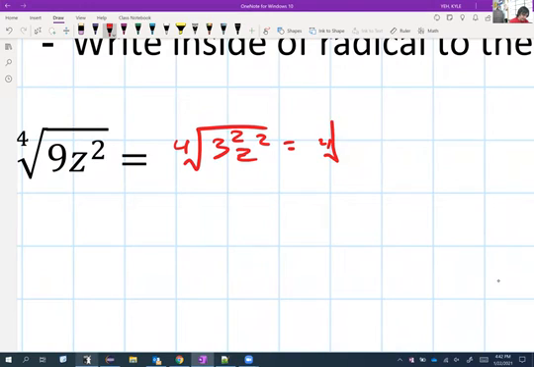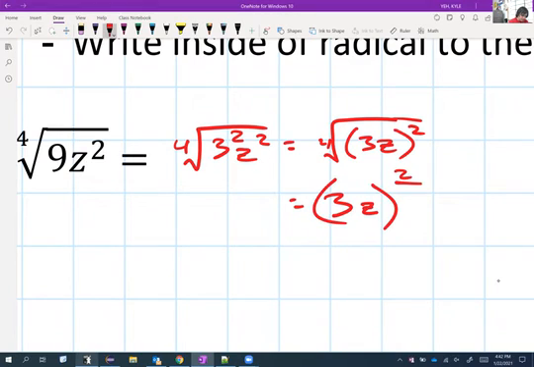And I could even write it like this if I wanted. 3z quantity squared. So the fourth root of 3z quantity squared. If it's not quite apparent what to do now, I would switch it to exponential form because we have all those exponent rules. This is 3z to the 2/4 power. And now I bet you see it.